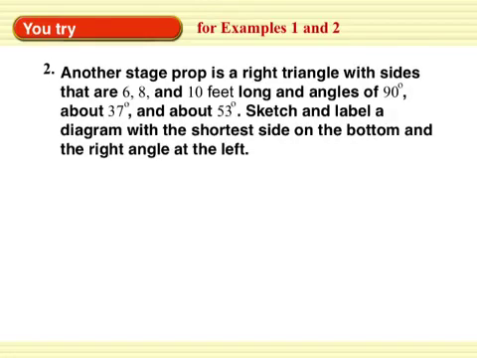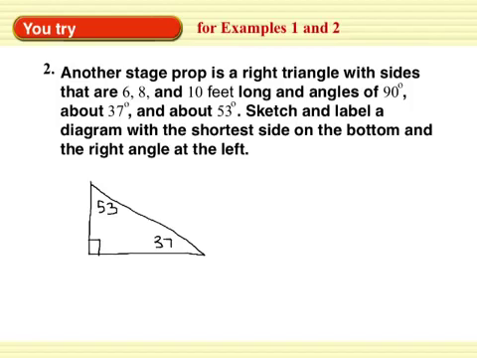Another stage prop is a right triangle with sides that are 6, 8, and 10. And angles of 90 degrees, about 37, and about 53.